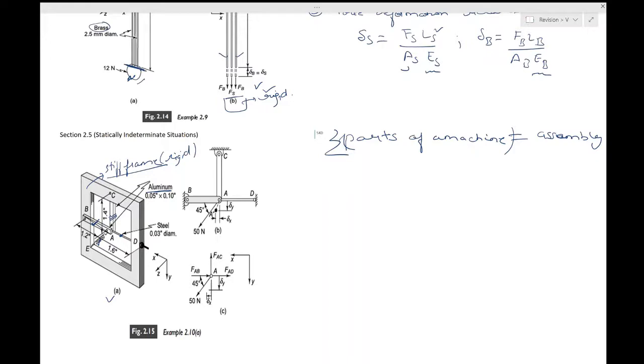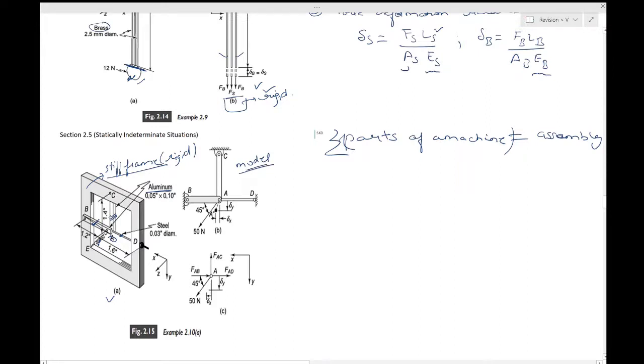Now you want to find the deflection of the joint A relative to the frame. So the frame is clearly rigid, so it doesn't move. So that's why you have taken a system, the frame which does not move, and hence you must find the deflection with respect to this frame caused by the spring loading. Okay, so you have to see a model of this problem.